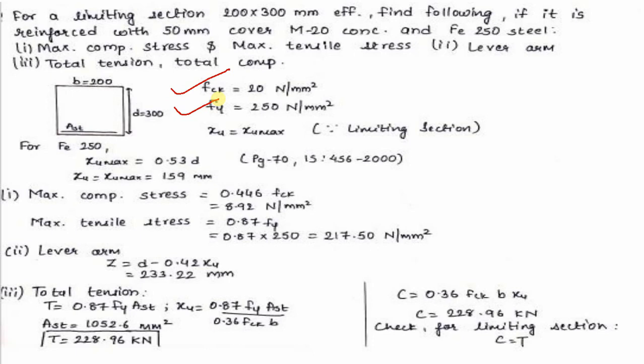Now in the question it is mentioned that it is a limiting section, so XU will be equal to XU max.